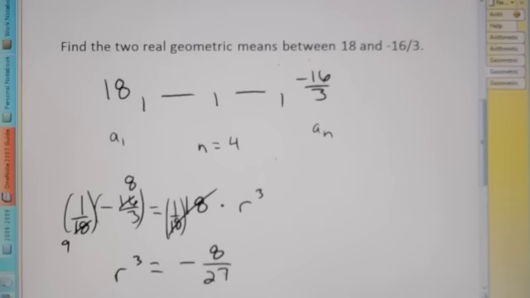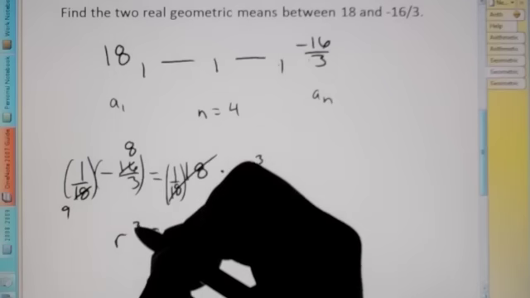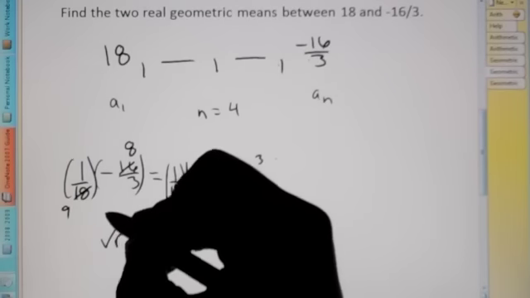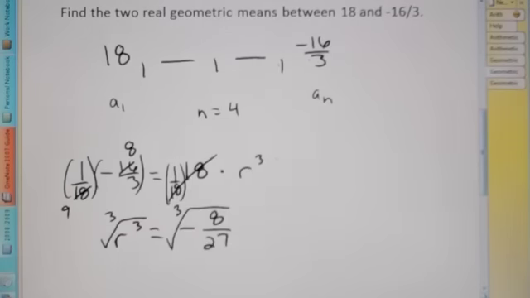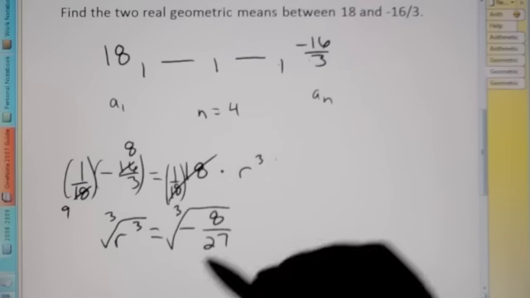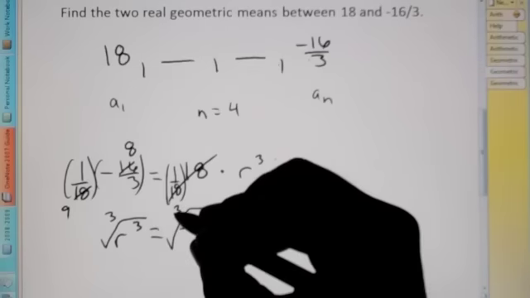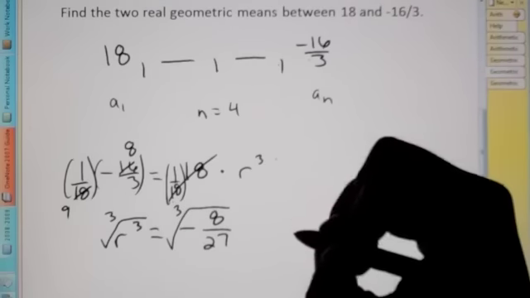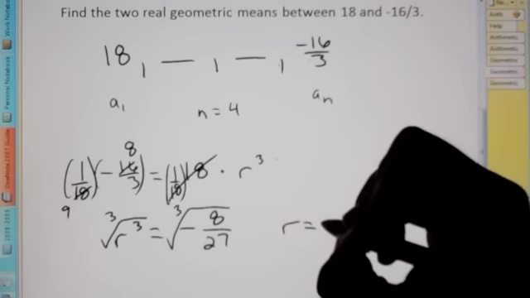Again, we need to figure out what r is, not r cubed. That doesn't quite help us. So we need to get this 3 out of there, so we're going to take the third root. Notice on this problem we can have a negative underneath because it's a third root. When you're dealing with a third root, since it's an odd index, you don't have to do positive negative. Well, not just you don't have to, you shouldn't.